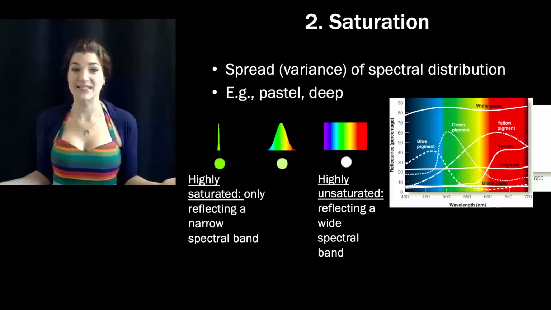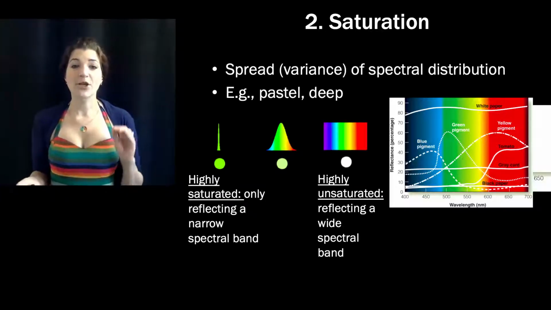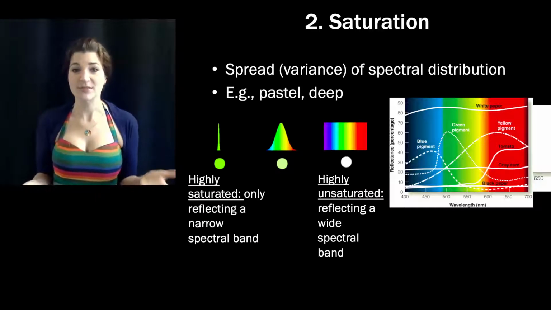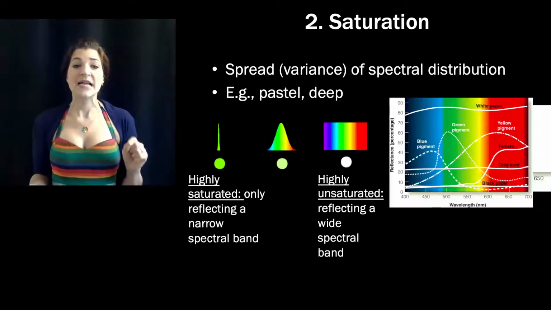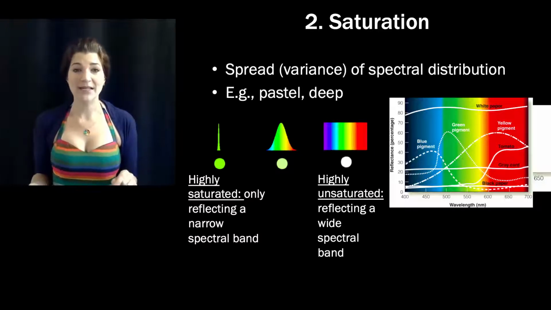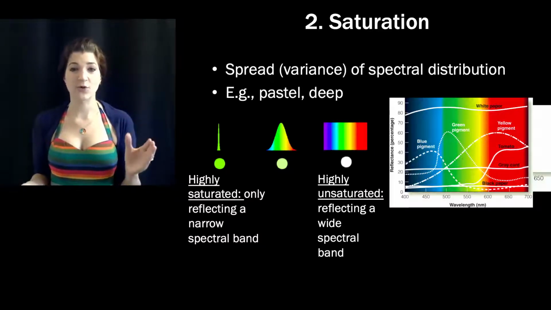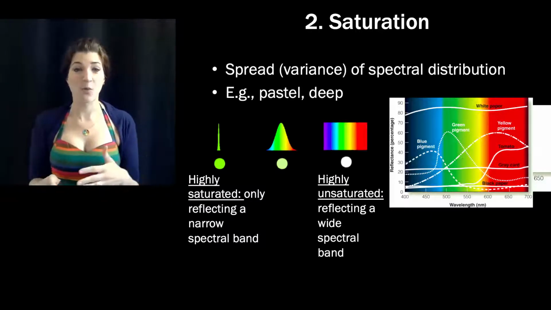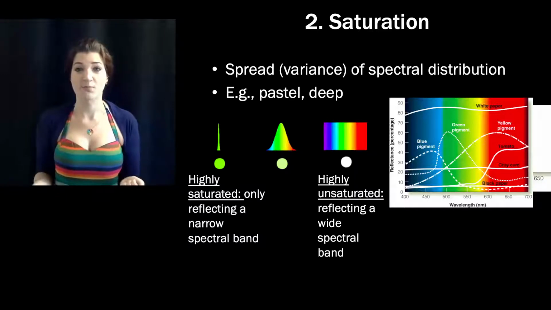They're just reflecting all of them. When you're painting, one of the things that differentiates better paints from worse paints, why some paints are more expensive, is in part because better paints are more highly saturated. It's really hard to get chemicals that reflect only a narrow band of wavelengths, and so cheaper paints are more unsaturated and reflect more wavelengths.